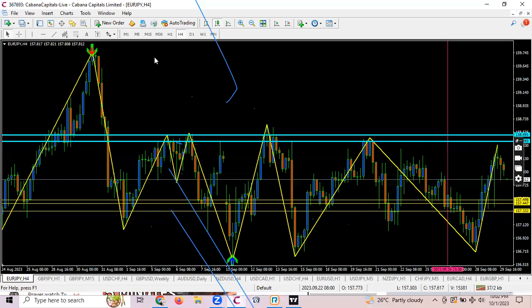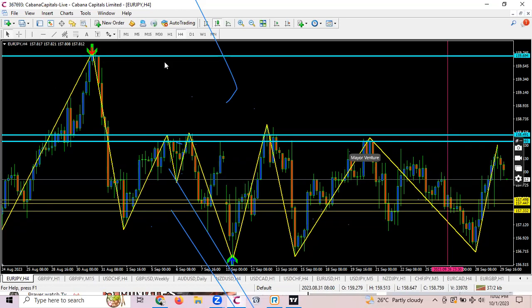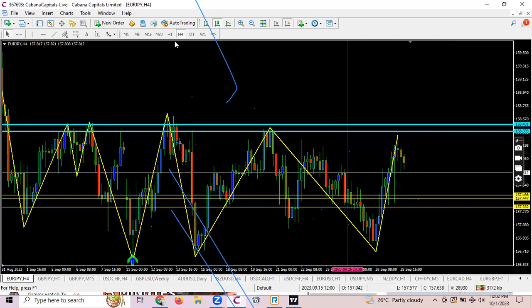If this level is broken, then it's possible price will hit this resistance. I'm not sure it's going to happen. I'm looking for a sell setup. What we have here is a sell, but you might want to wait for price to pull back to a resistance level before you consider selling. Let's go to 1 hour.